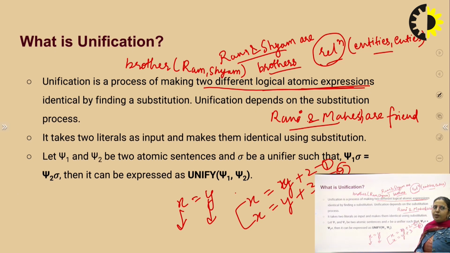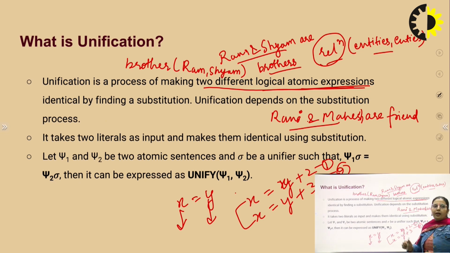So it takes two literals as input and makes them identical using a substitution. We take some values and substitute them, and then we can make them similar. Two different expressions can be made similar by applying the unification process.